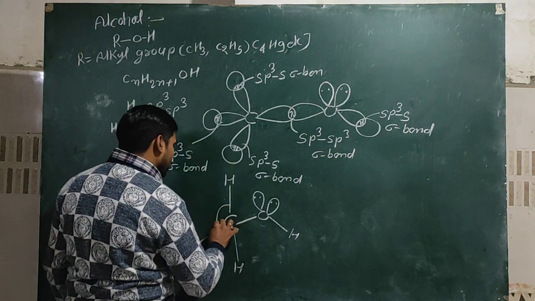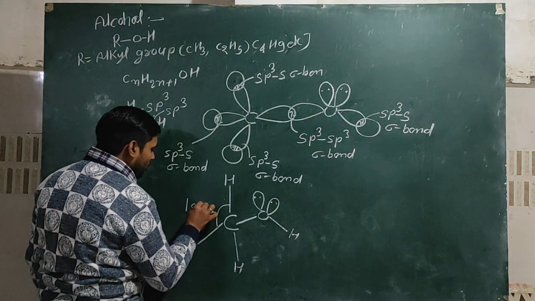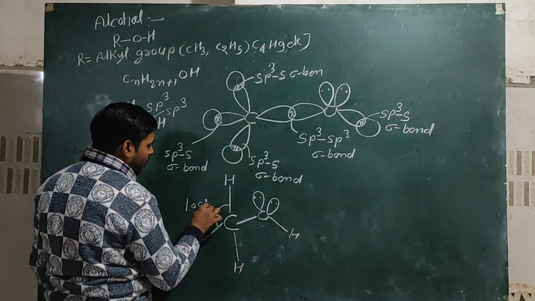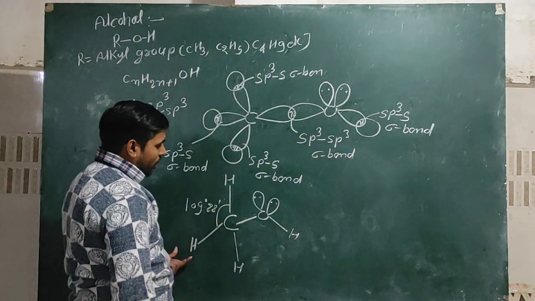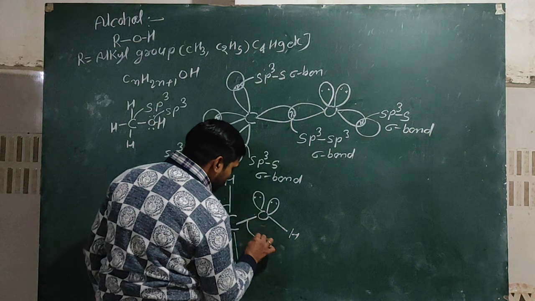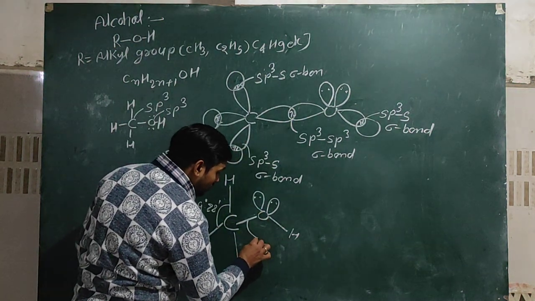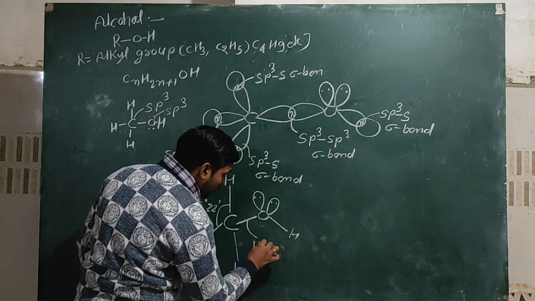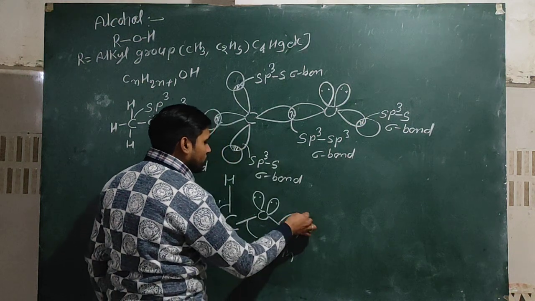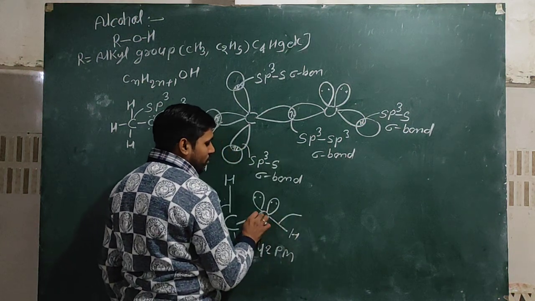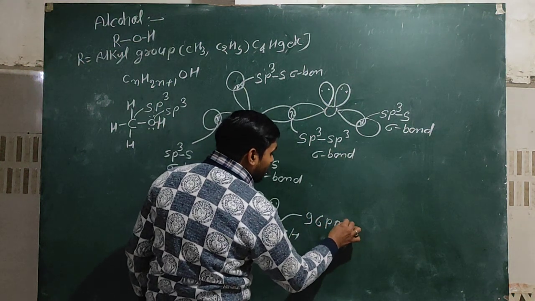Here the bond angle is 109 degree 28 minutes, and the bond length of carbon and oxygen is equal to 142 picometer, while the bond length between oxygen and hydrogen is 96 picometer.